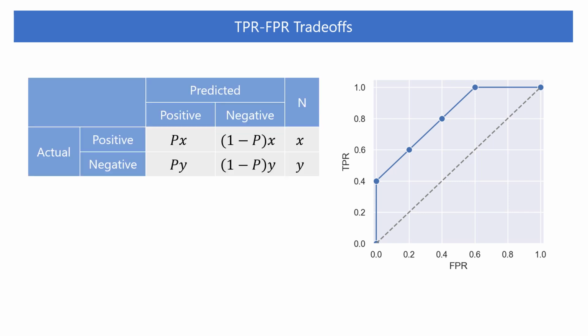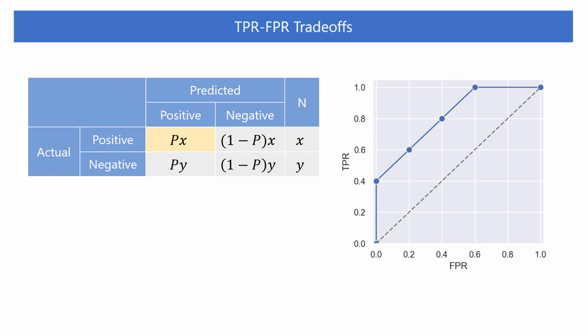Let's consider using a confusion matrix. Let P be the probability that a random prediction model produces a positive decision. In a binary classification, a model's output should be binary, positive or negative. Thus, the probability that the model produces a negative decision is 1 minus P. Let X be the number of actual positives and Y the number of actual negatives.